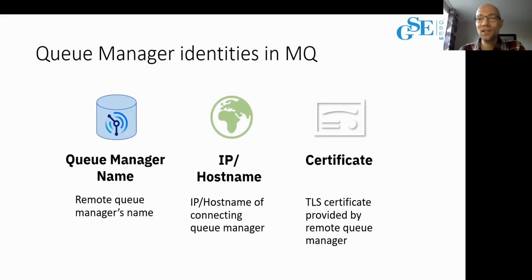But instead of the user ID or the user ID and the password the application can specify, the target queue manager gets to find out the name of the queue manager that is trying to connect to it. So those are the bits of information that the receiving queue manager gets to find out about the connecting queue manager, and we'll see in a few slides' time how we can make a decision based on those bits of information about whether we want to allow a connection or not.